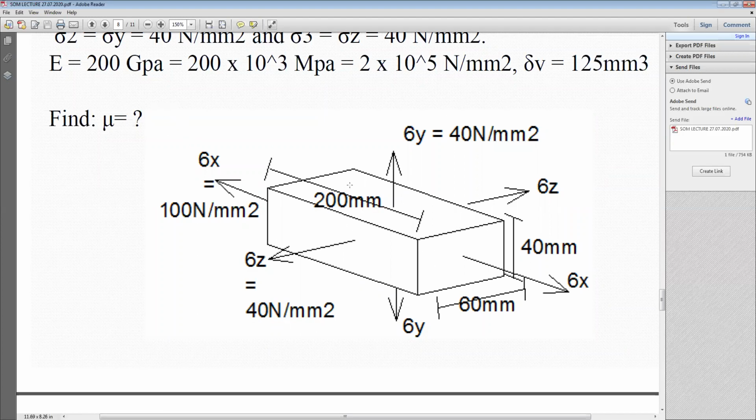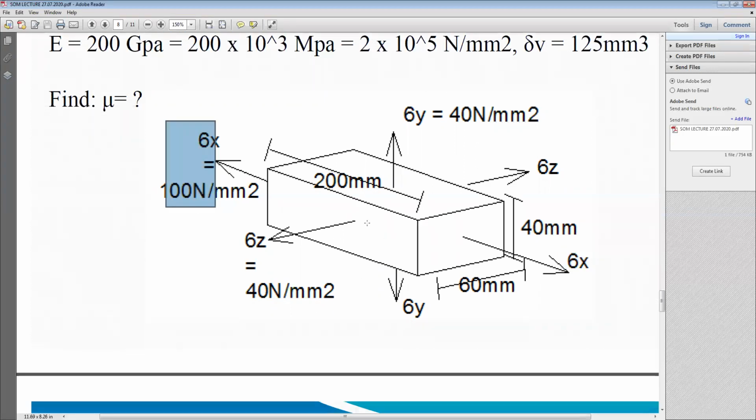Along the length, meaning along the 200 mm, sigma 1 acts. For simplification, the x axis will be considered as the longitudinal direction, meaning the length-oriented direction. So sigma x is equal to 100 Newton per mm square. Please write it down here.